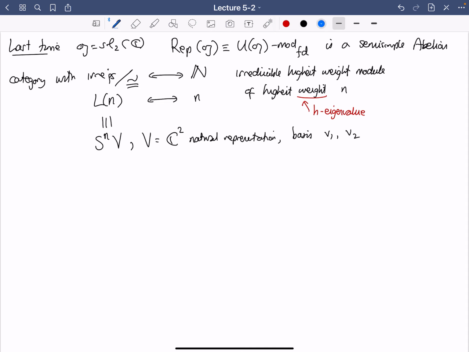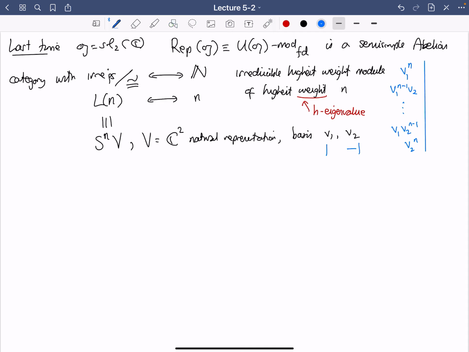And so V1 was of weight 1, H acted as 1, V2 was of weight -1. And so under this identification, of course the nth symmetric power has this basis of monomials. There's V1 to the power n, and then V1 to the n-1 V2, all the way down to V1 V2 to the n-1, V2 to the n. That's the monomial basis for that symmetric power.